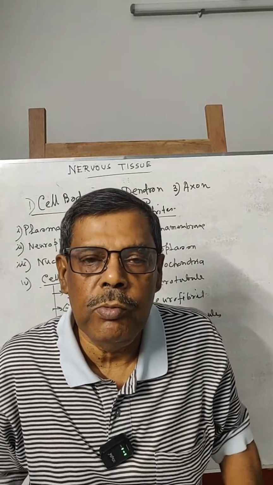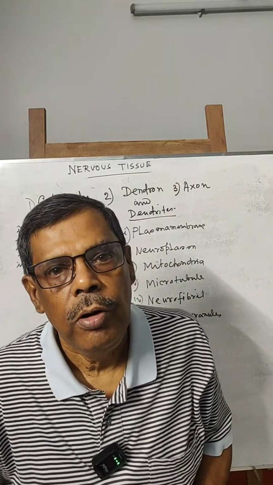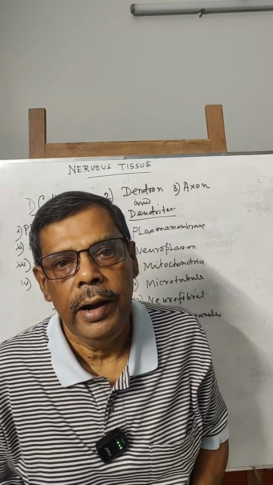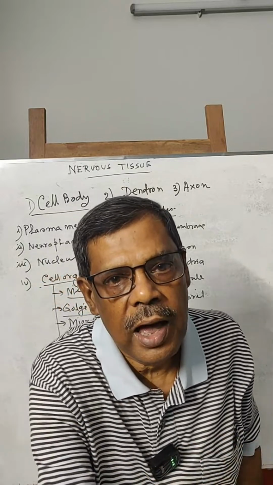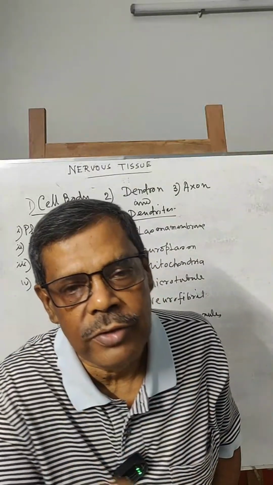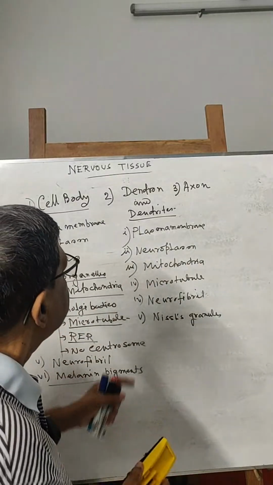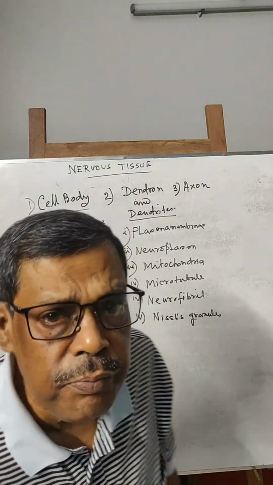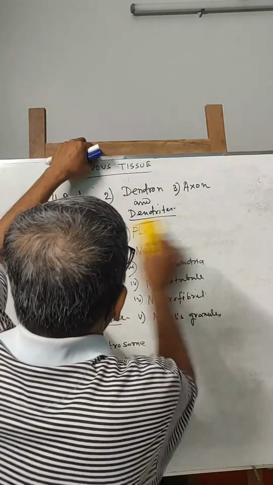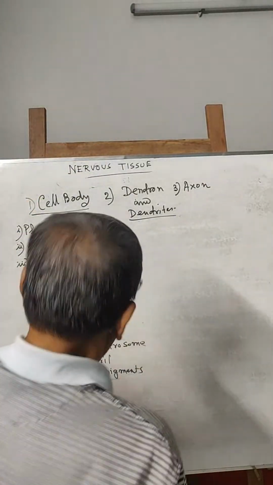It receives the stimuli from other neurons or receptor organs and transmits the nerve impulse to the cell body. This is the sensory part of the neuron.